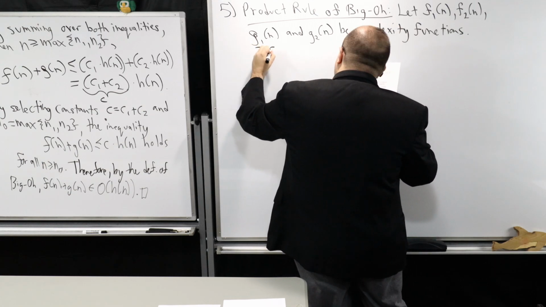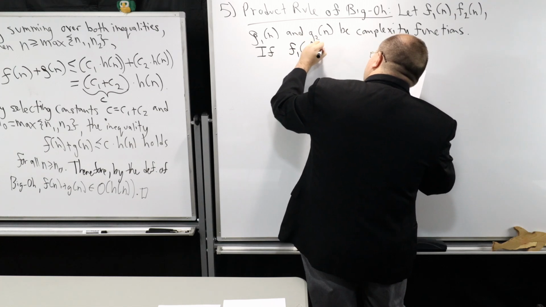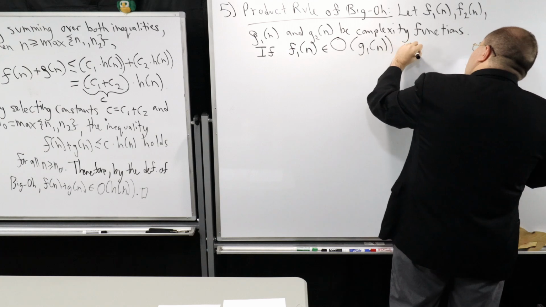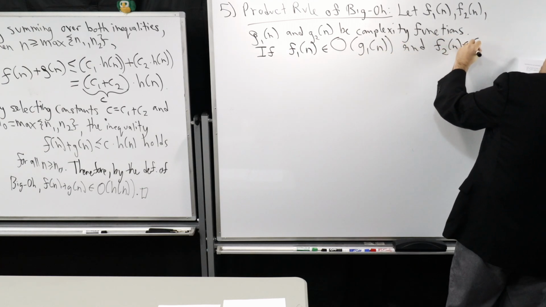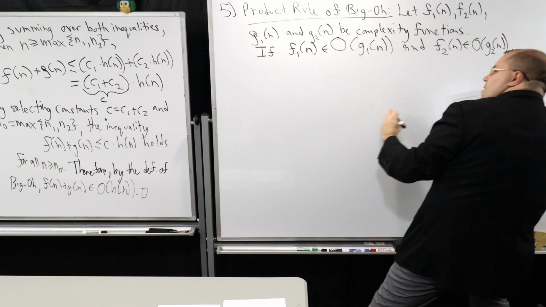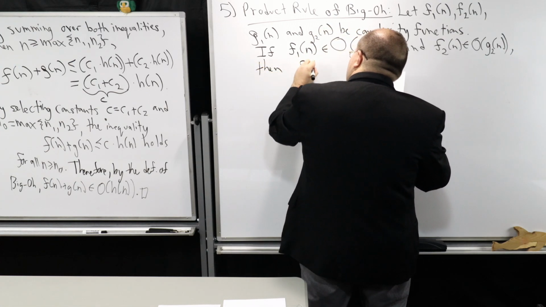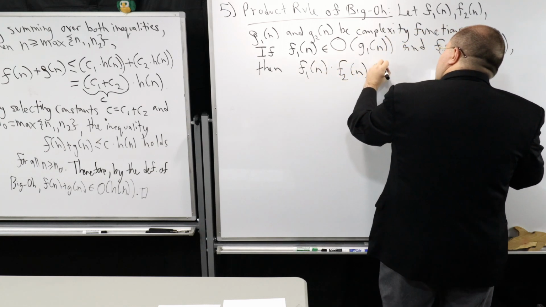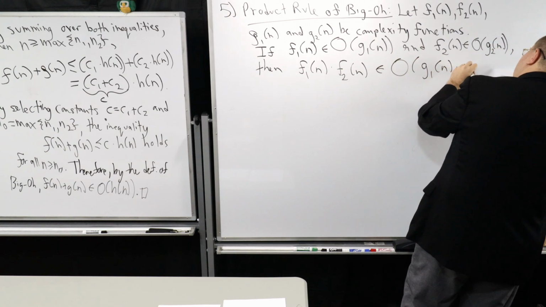So if you know that F1 is big O of G1, and you know that F2 is big O of G2, then the product of F1 and F2 is big O of G1 times G2.